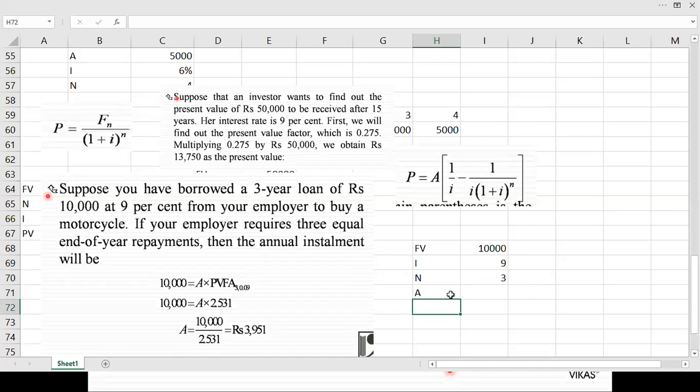Present value of an annuity, right? So according to this formula, 1 divided by I, that is 0.09, minus 1 over I, 0.09, into 1 plus 0.09 to the power 3.